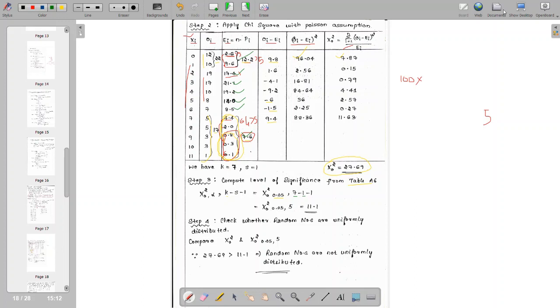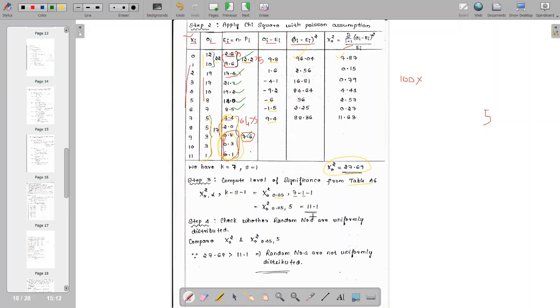So alpha 0.05 and 5 is 11.1. I got the critical value from table A6 as 11.1.